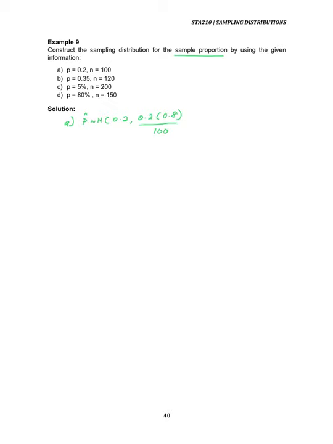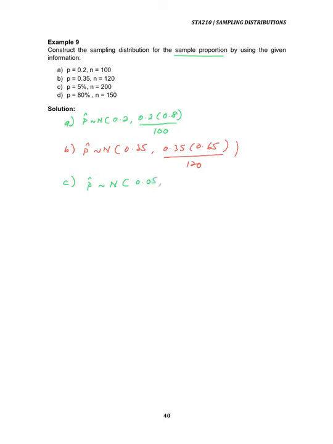Simple like that. Okay, untuk B, p hat has normal distribution with p kita adalah 0.35 lah yang dia bagi tu, and then dia punya variance p times 1 minus p over n. So 0.35 darab dengan 1 tolak 0.35 adalah 0.65 over 120. C, p hat has normal distribution with mean equals to p dia 5% ataupun 0.05.